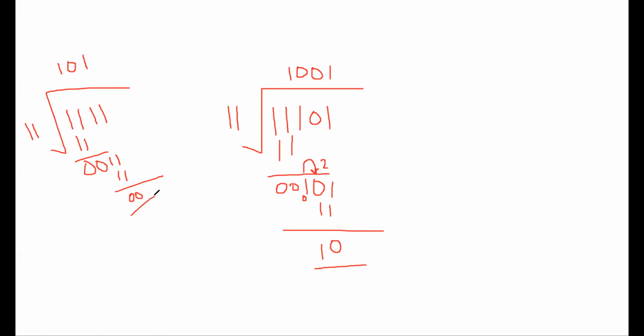Now you can check also, if you multiply these two terms, you should get this result only, beta. So let us again multiply this 101 multiplied by 11. Please check this. Okay, so it will be 101 and then multiply by 1.